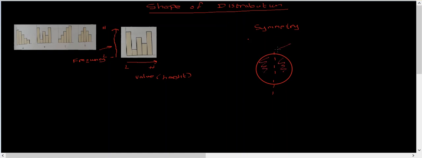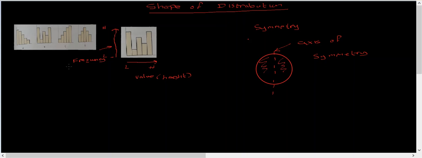And this line here is what's known as the axis of symmetry. So you have the line dividing it in the middle, and then each side is the same.